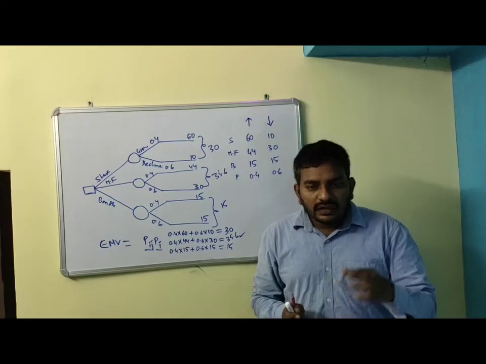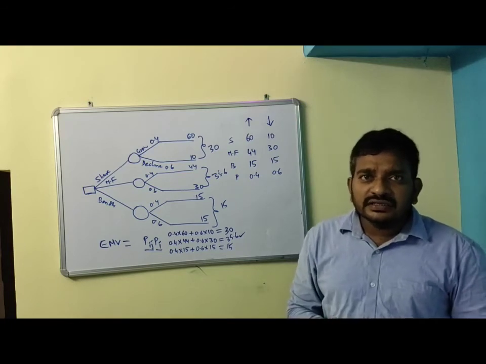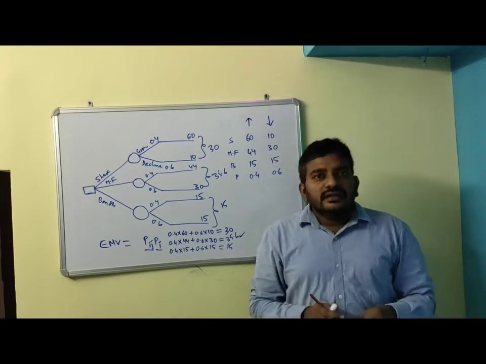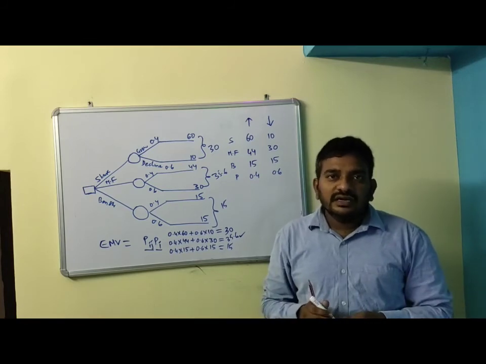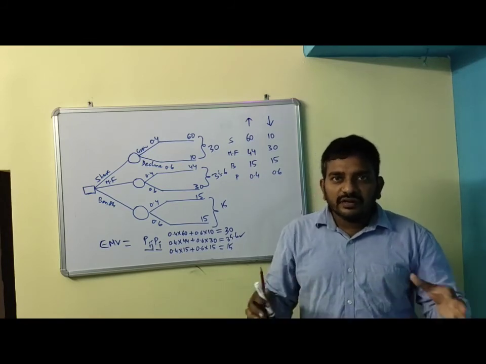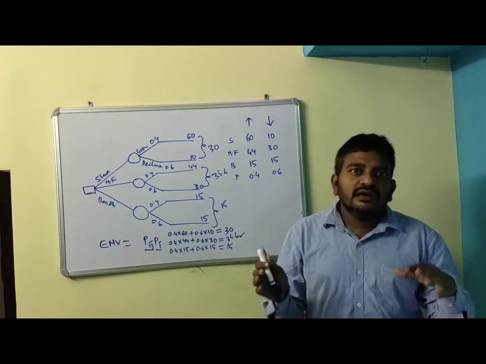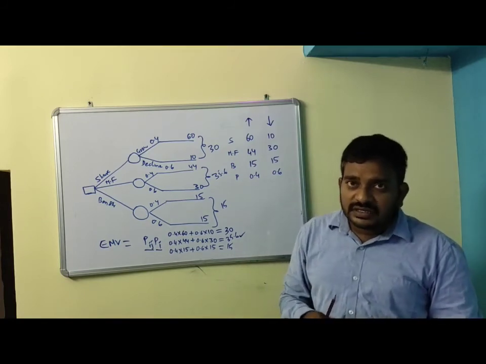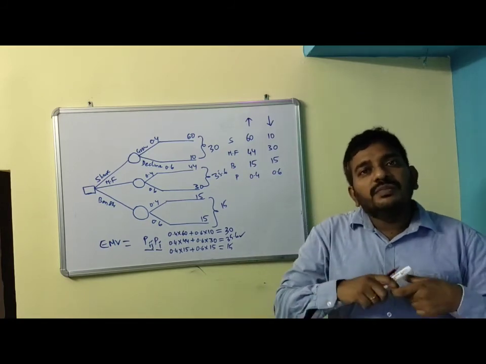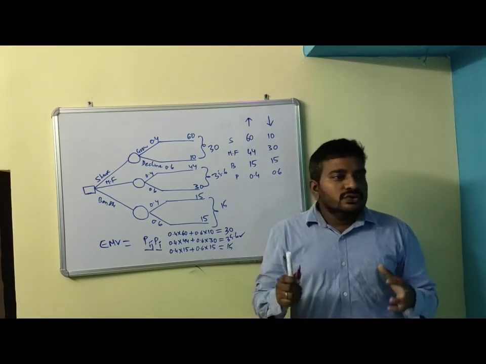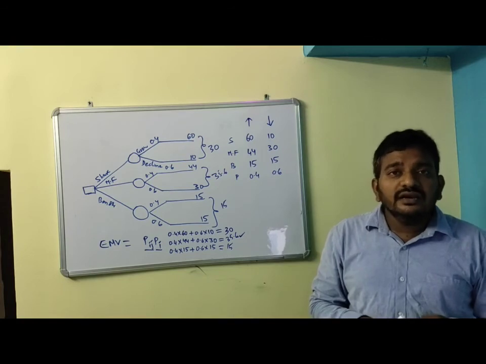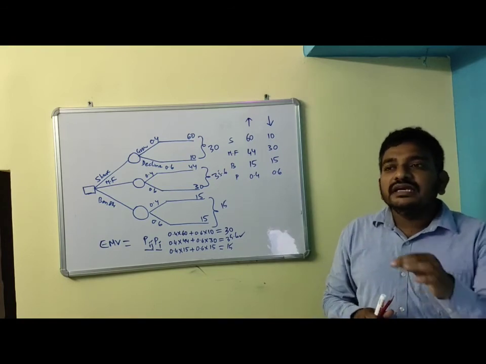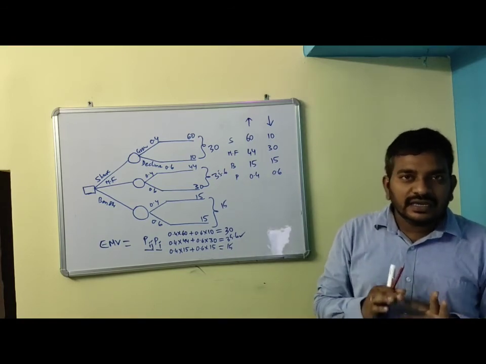Decision trees also have some disadvantages. In real life, we make decisions under a number of variables. When you represent all of these variables in the decision tree, it gets more complicated. Also, the decision tree approach assumes that the utility of money with time is linear, which is not the case.